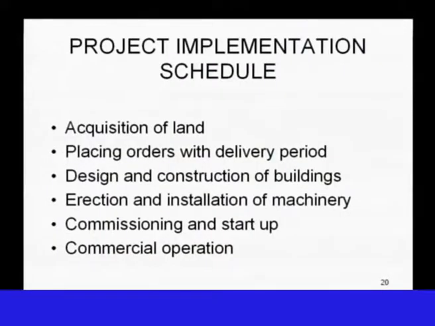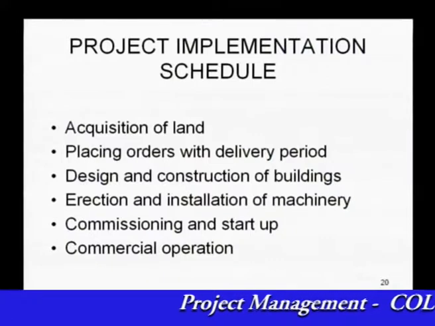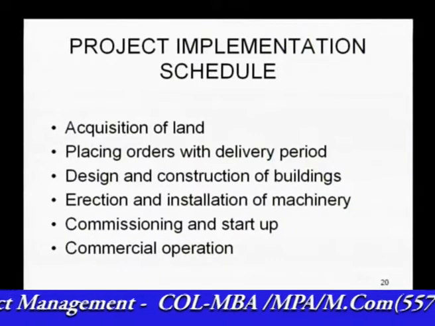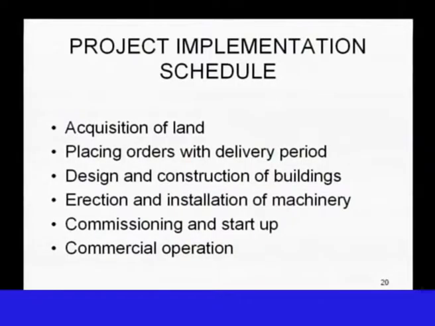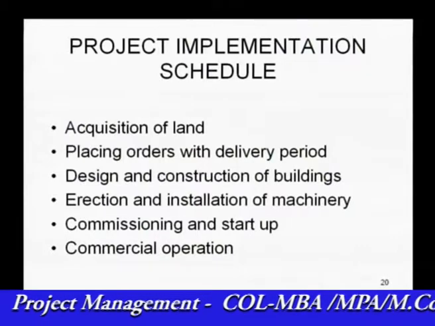For example, acquiring or purchasing land for plant, placing orders with a definite delivery period because there are no indefinite orders, design and construction of building, when design will be finalized and construction starts, or will the two go together.